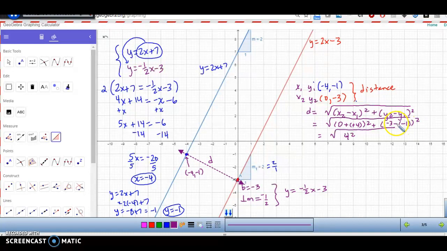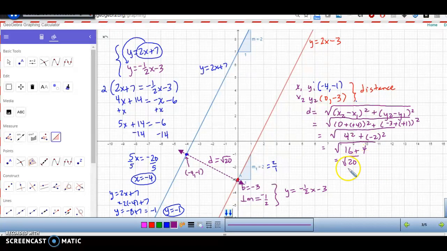But subtracting a negative is the same as adding a positive. 3 negatives plus 1 positive gives me 2 negatives. 4 squared, last time I checked, was still 16. Negative 2 squared is 4, and we get the square root of 20. So the distance here is the square root of 20.